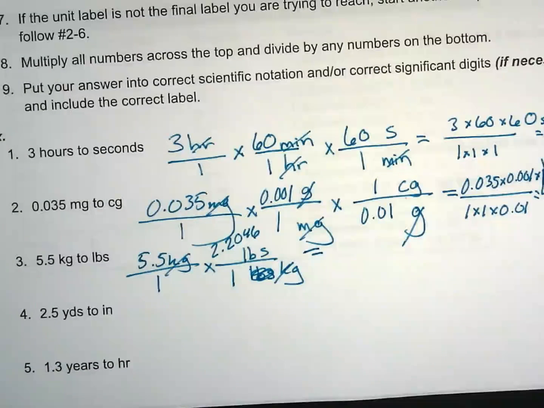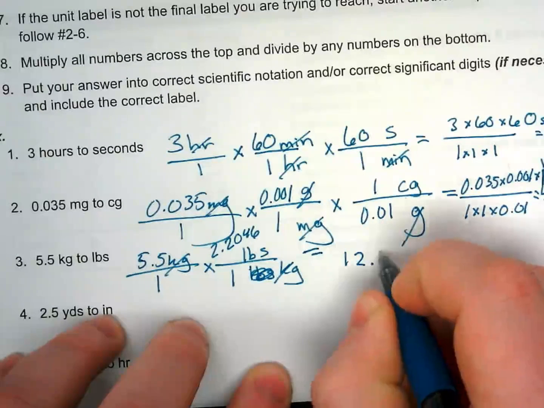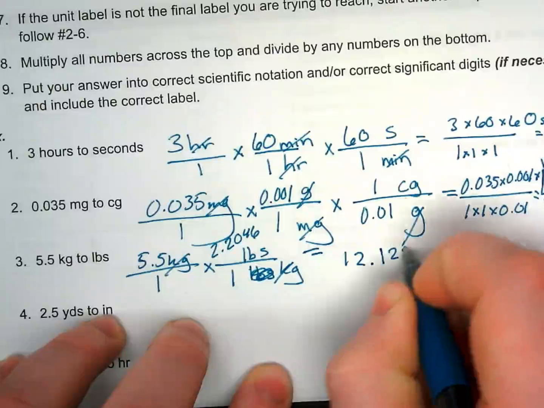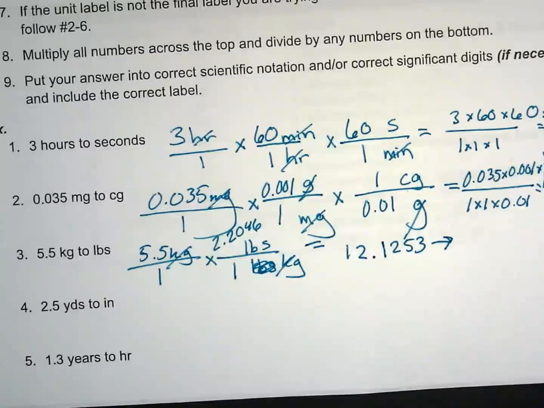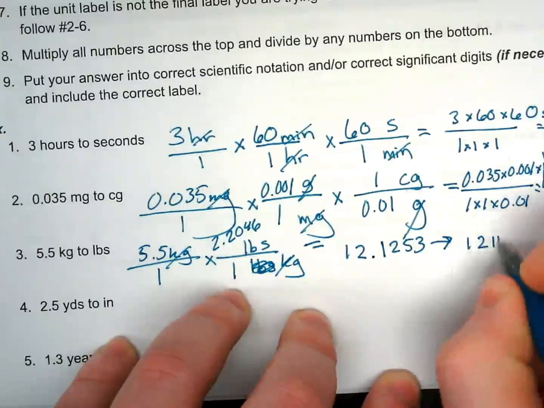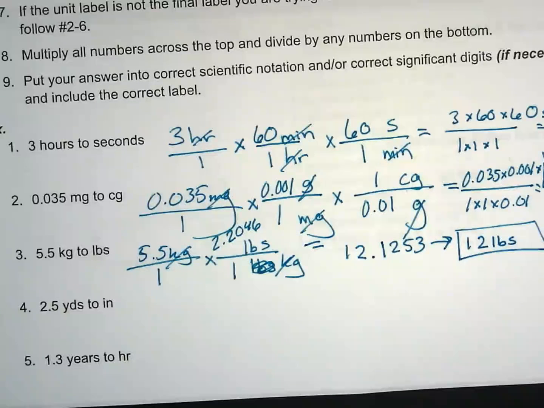So 5.5 times 2.2046. And my answer that I would get out of my calculator is 12.1253. But I'm not done here. I need to shorten this down to just 2 sig figs. So then my 2 sig figs would just be 12, and then it'd be 12 pounds. Okay.